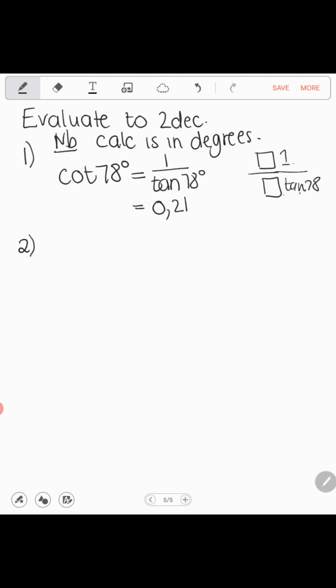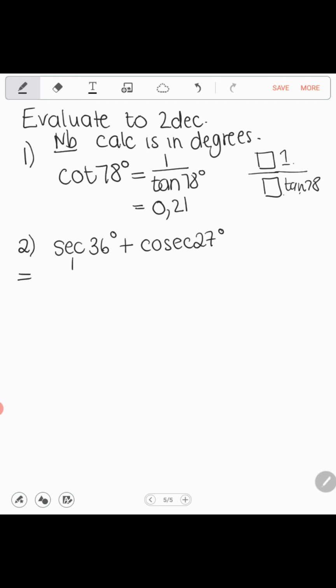Okay, number 2. The sec of 36 plus the cosec of 27. Again, we're working to 2 decimals, so we're allowed to use our calculator. There is no sec button, there is no cosec button. So we're going to have to change them.